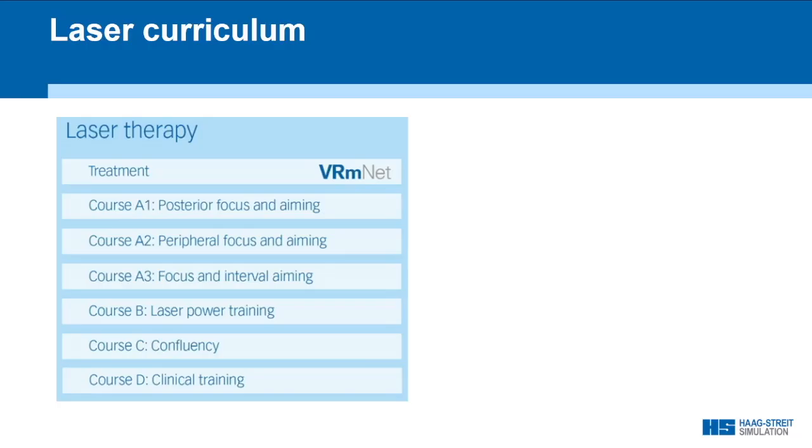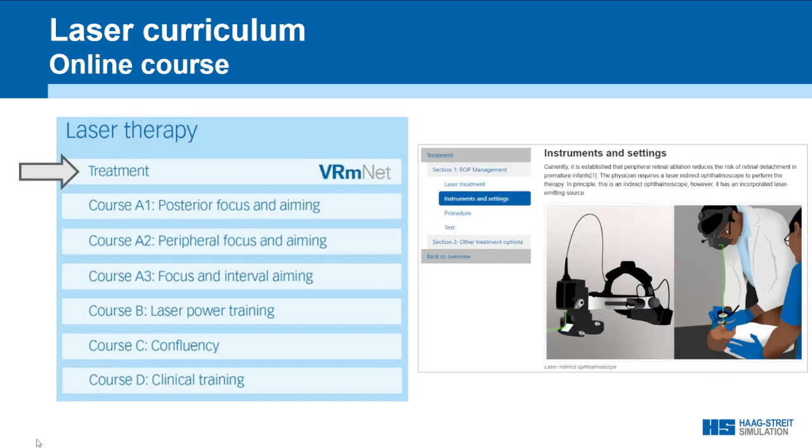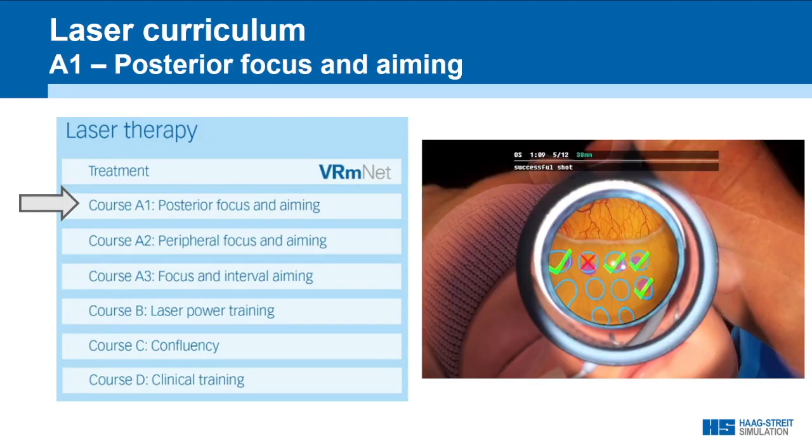Okay, let's have a closer look. Treatment. As I said, this is an online course, and this online course will teach you about the ROP management with laser. A1 is about focus and aiming.